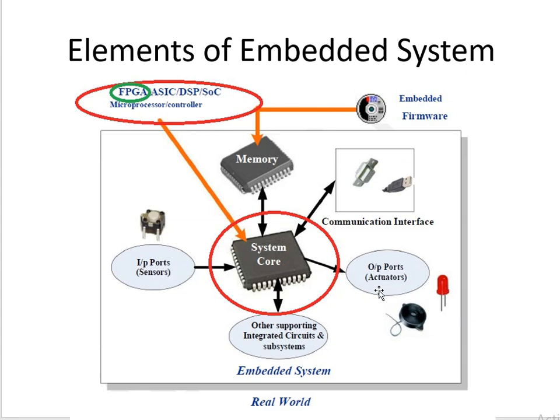Output ports or actuators for showing us the output, really the response of the embedded system. Other supporting integrated circuits and subsystems. Communication interfaces that are very important for getting information or sending information to other systems or embedded systems, to the network or some other databases.